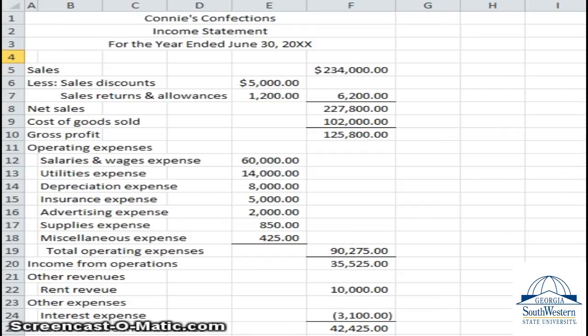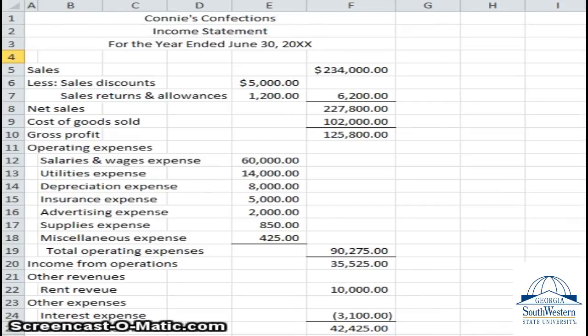You purchase the items and then you resell them. So there's still some cost associated with the actual sales process. So everything else we'll list under operating expenses. Just like we did before, we'll list these largest to smallest with miscellaneous being last. Okay, we total those up. When we subtract them from gross profit, we get a figure called income from operations.